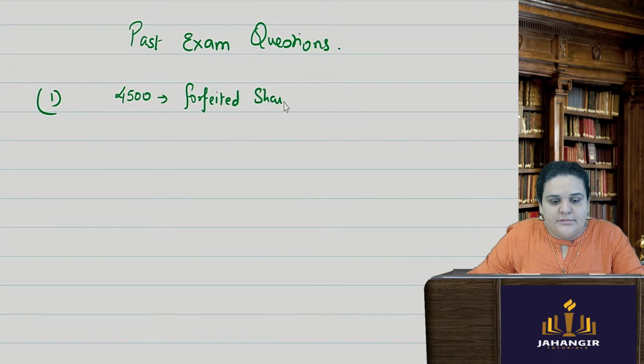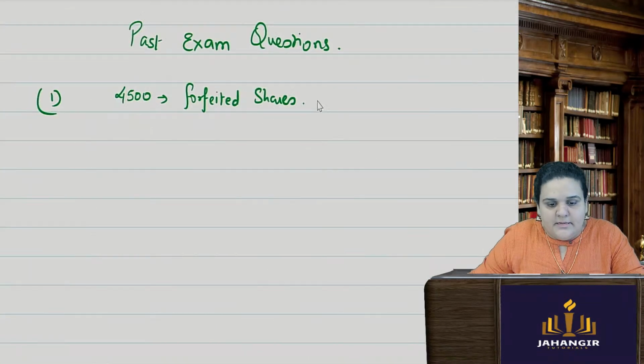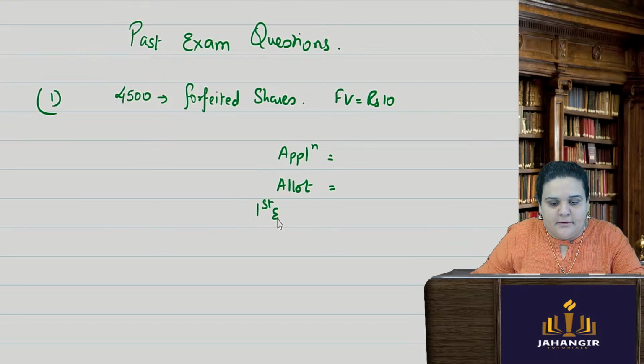Face value is rupees 10. And how is that face value collected? The amount is collected on the application stage, there is one allotment stage, and there is first and final call together.